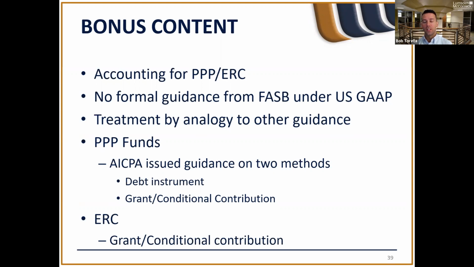Again, there's no authoritative guidance on this. But logically, it would follow the same thought process of PPP, that you would recognize the income and related receivable once the company has determined that it has met the eligibility and conditions of that program to receive that credit.